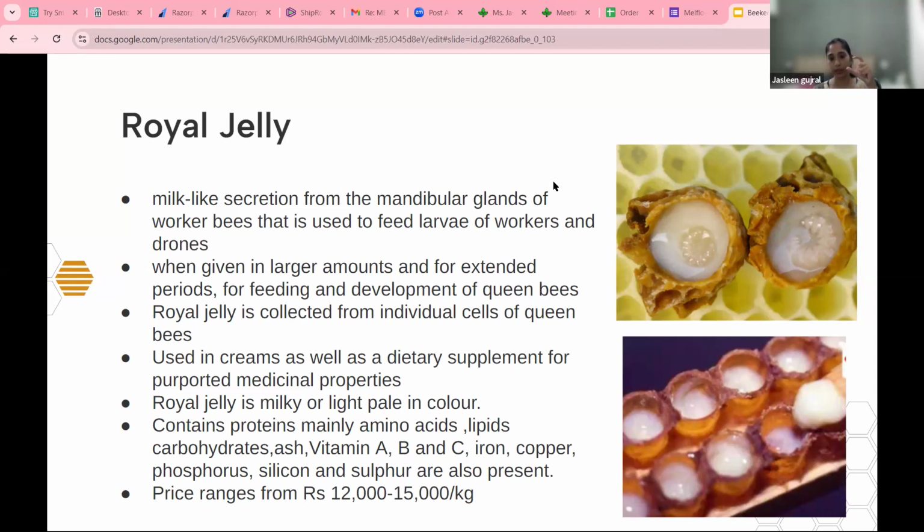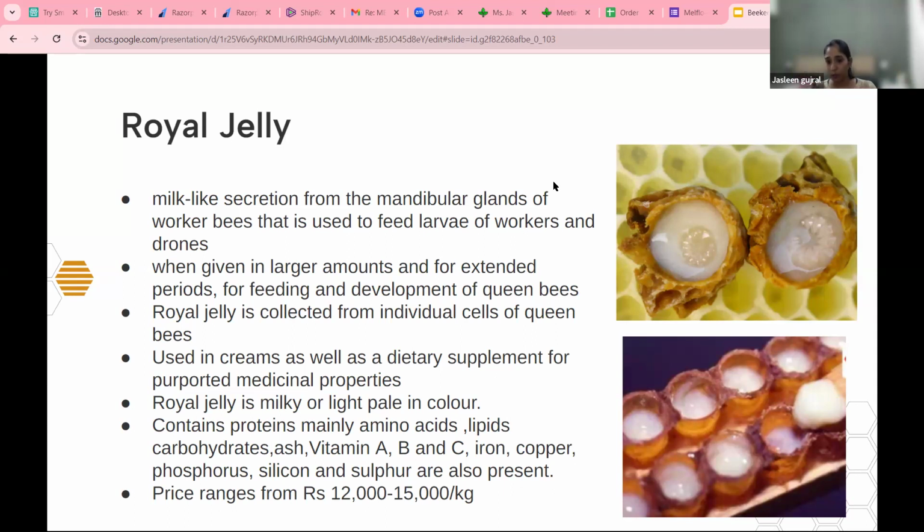Whenever a queen cell is made inside the hive, the worker bees feed this royal jelly to the queen bee. On a commercial scale, grafting is done where the queen cells are made, the workers prepare them, and in those queen cells the milky excretion is there. They extract it with grafting tools, and through that the royal jelly is collected.